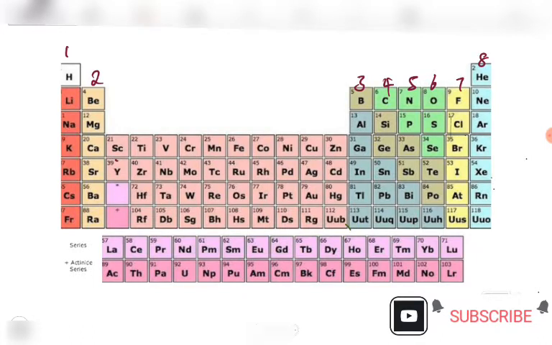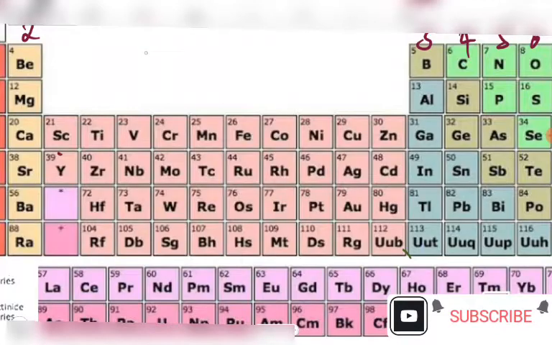Let me tell you, because I'm not sure that you know, that elements from group 1 up to group 4 donate electrons, and elements from group 5 up to group 7 receive electrons.